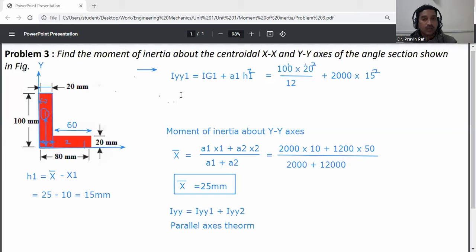So now Iyy1 we get from this relation: 100 into 20 cube divided by 12 plus 2000 into 15 square. So we get 516.67 into 10 raised to the power 3 mm raised to 4. So this is Iyy1.